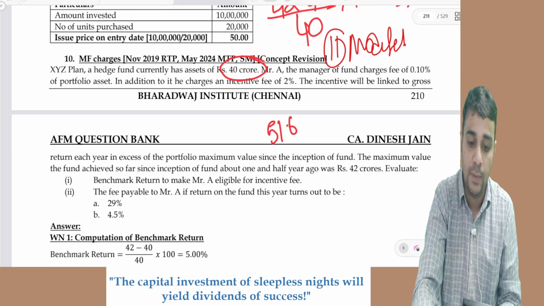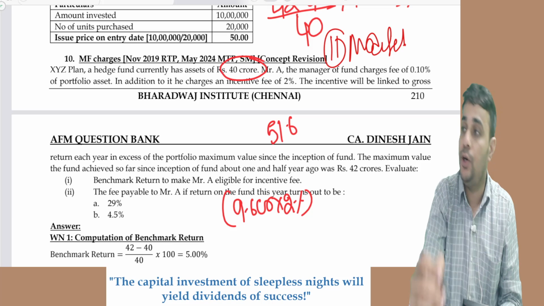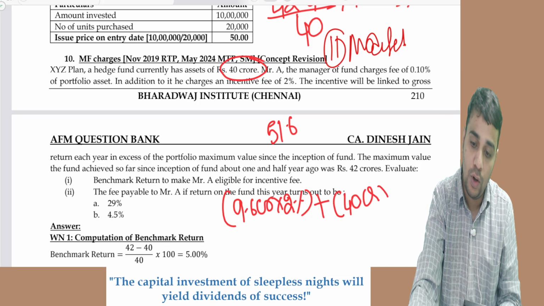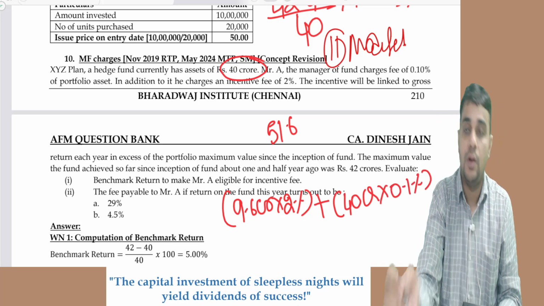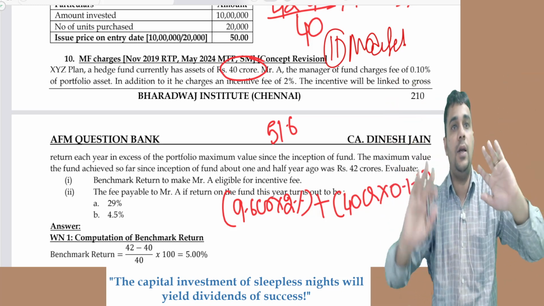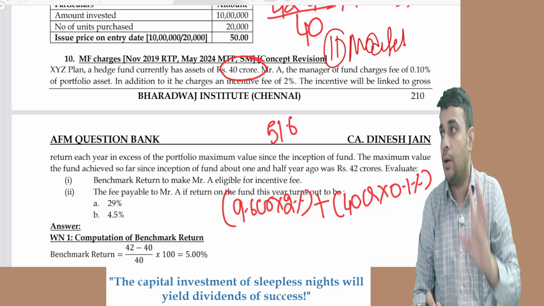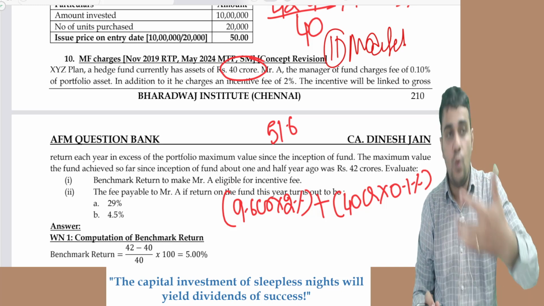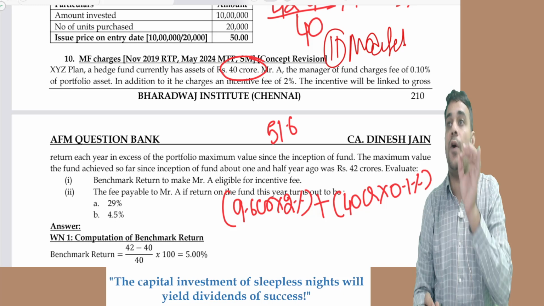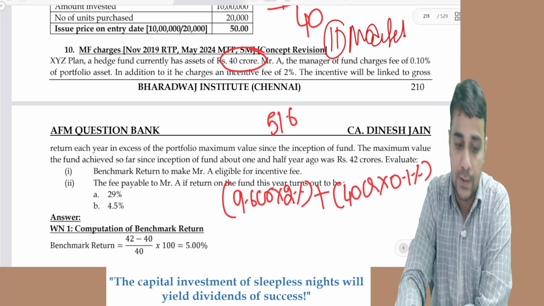So what is the incentive for me? 9.6 crore into 2% plus 40 crore into 0.1%. 40 crore into 0.1% is a fixed amount, whether I do well or I don't do well, you have to pay me that. But if I do well, you have to give me extra. Extra is in excess of 42 crore. Second situation, no extra. Only 40 crore into 0.1%.